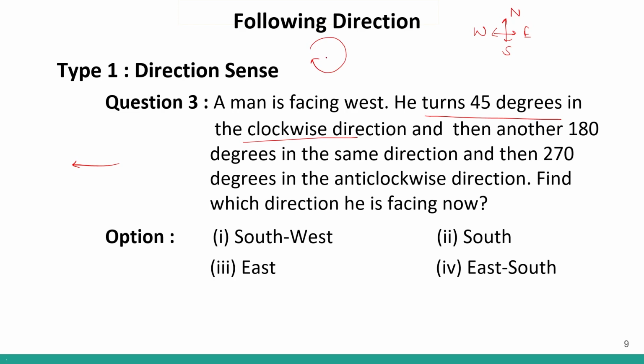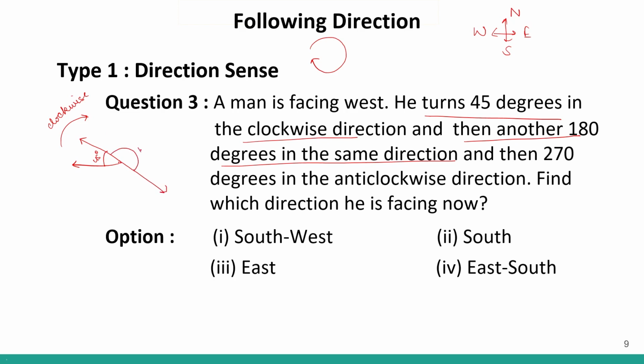This is the clockwise direction. So he turns 45 degrees. That means he'll come here. In 45 degrees, the man will come here, right? In the clockwise direction, that means we are going like this, clockwise. Then he took another 180 degrees in the same direction. So same clockwise, in clockwise direction, he turned 180 degrees. So it will be here.